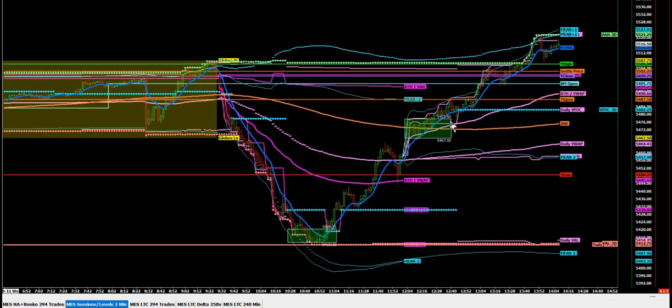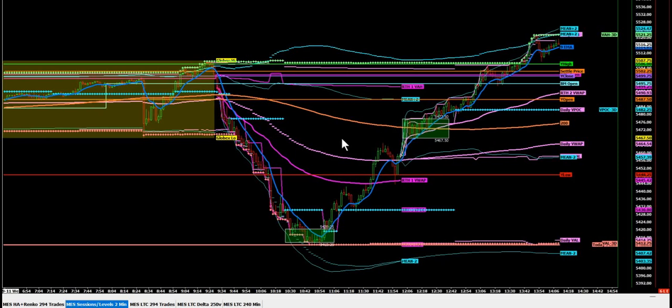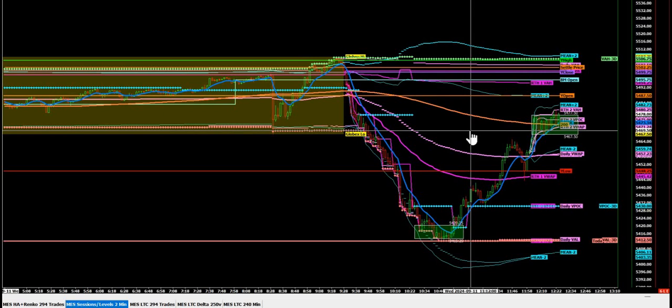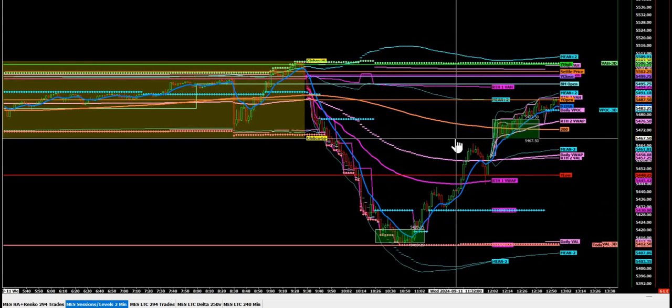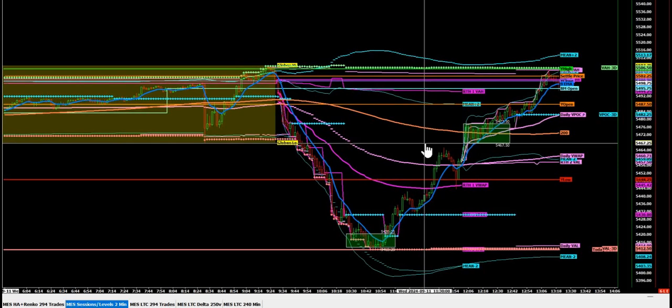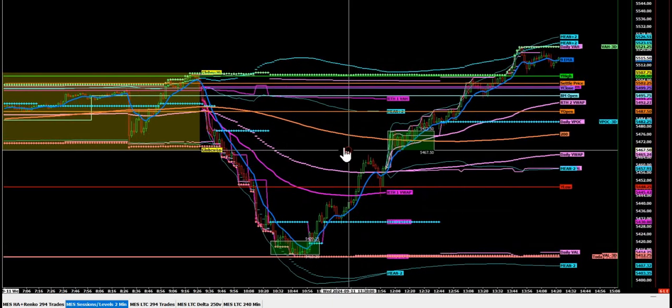We're trading above VWAP, and there's value area high stair-stepping up just like it did down here, stair-stepping down. Now everything's stair-stepping back up. And you can see VPOC there, and then the daily VPOC, and everything is basically going up.